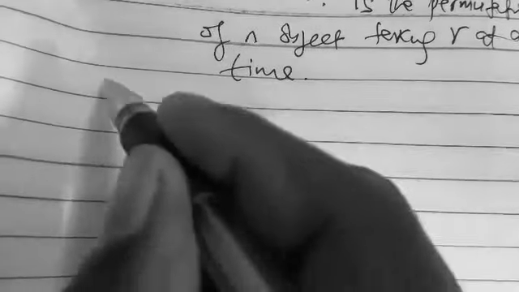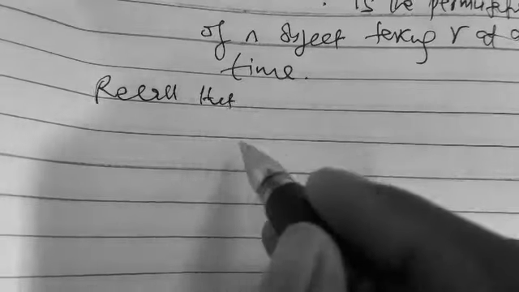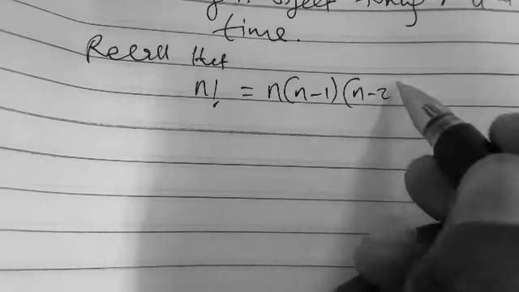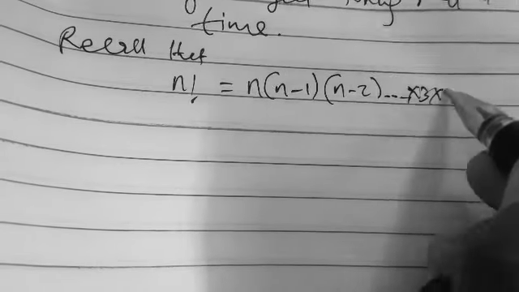And idan muka tuna, recall that idan muna da n factorial, this is equal to n times n minus 1 into n minus 2 into ... times 3 times 2 times 1. So wannan shi muke mai da shi n into n minus 1 whole factorial.